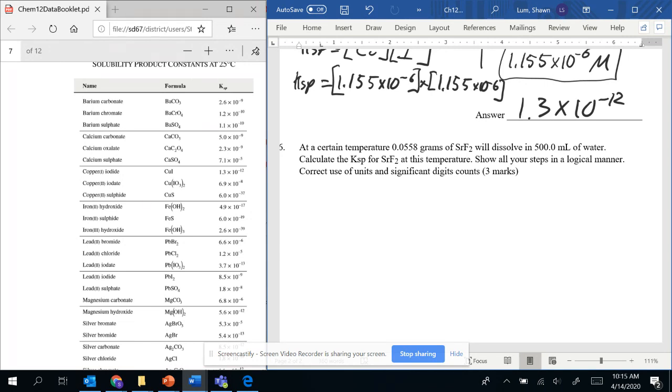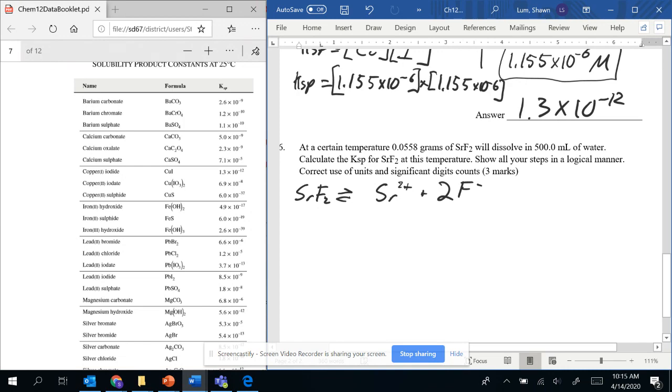So again, what we have right here is pretty much the exact same question, except the only little trick is that we now have SrF2 going to turn into Sr2+ plus 2 F minuses.